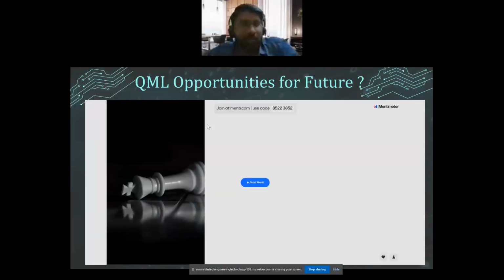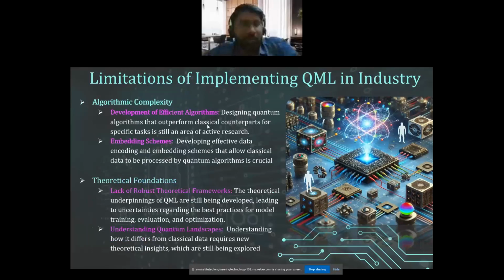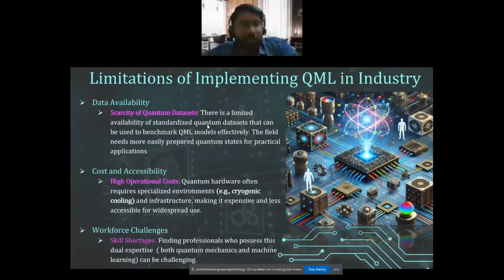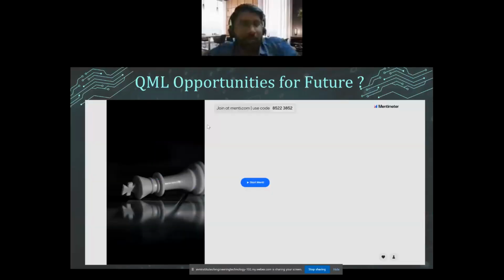So as I said, we are seeing a lot of limitations: hardware constraints, software compatibility, algorithmic and theoretical foundations, data availability, cost, workforce challenges. I would say that if we have limitations, we can make them opportunities for the future, right? I have given all of the limitations, you can see them on your phone.